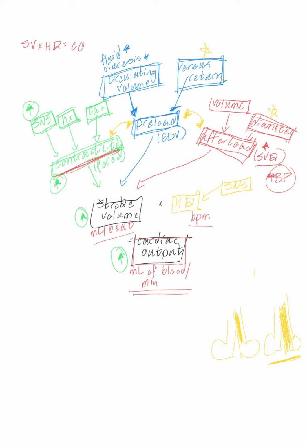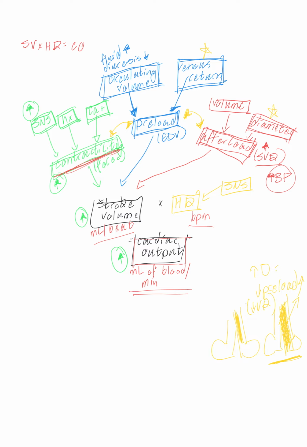So an increased diameter can actually lead to a decreased preload because you have a decreased venous return. All your venous blood is sitting there, it's not going back to the heart. You're so vasodilated, it's not going back to the heart.